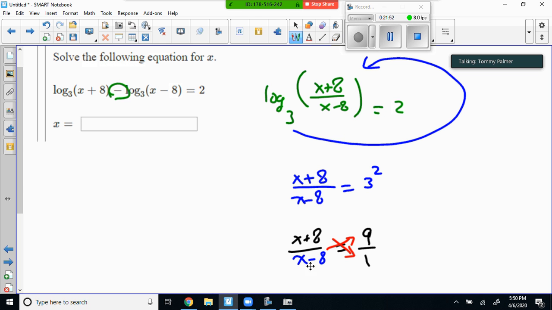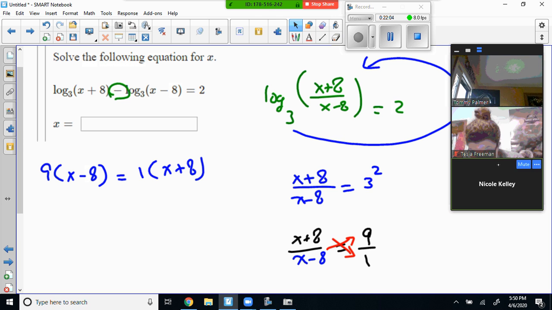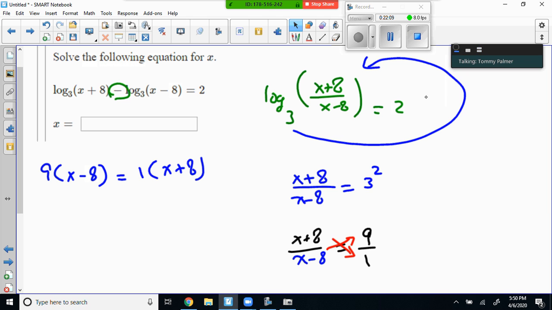All right, so now we're going to come over here. That'll be 9 times x minus 8 equals 1 times x plus 8. Let me do this real quick. All right, now I'm going to distribute.